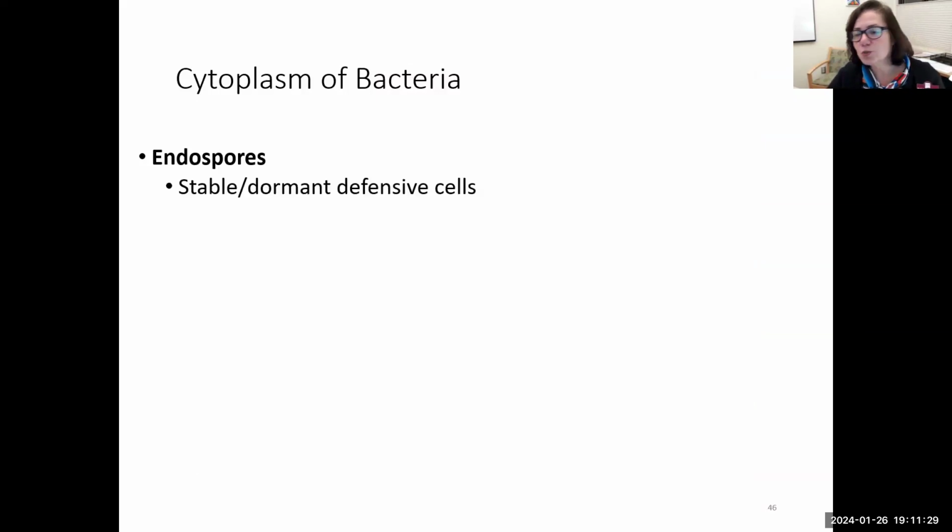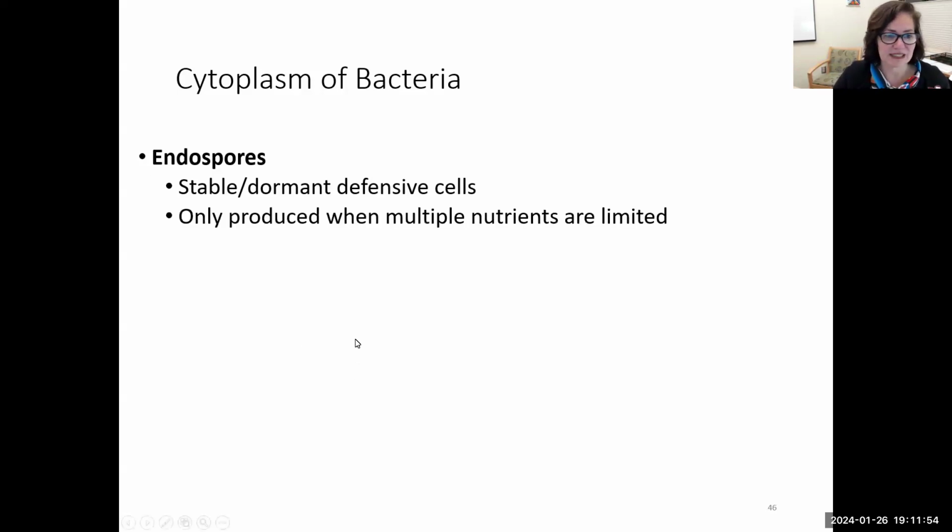It's super stable, dormant defensive cells. When the bacterium is in this form, it's not actually metabolically very active. So it can survive for a long time, like years, in the soil, for example, or just in hospital bedding. It's really hard to get rid of some of these things.